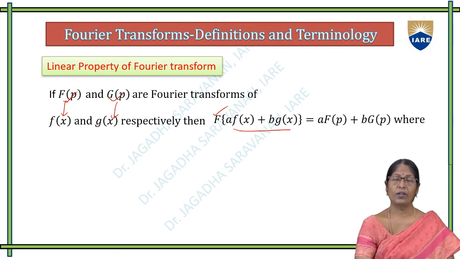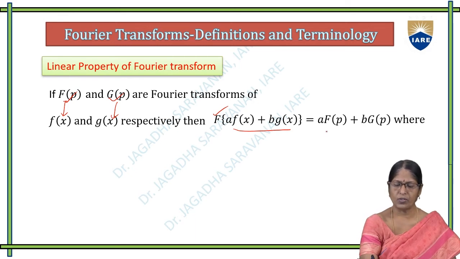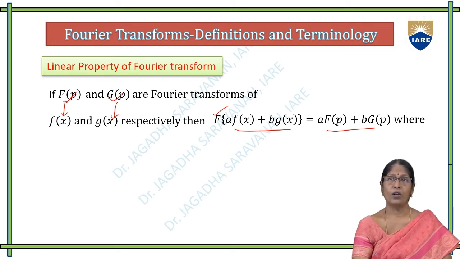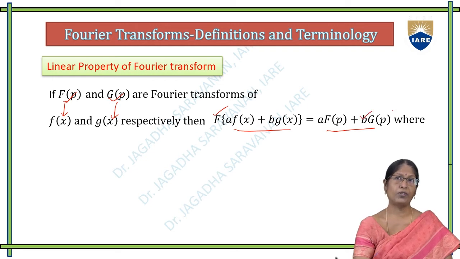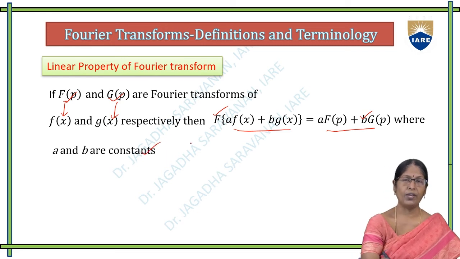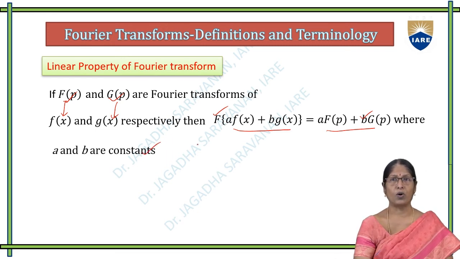Fourier of a of f of x plus b of g of x. The result we obtained is a of F of p plus b of G of p. This is the linearity property defined for our Fourier transform, where a and b play the role of constants.